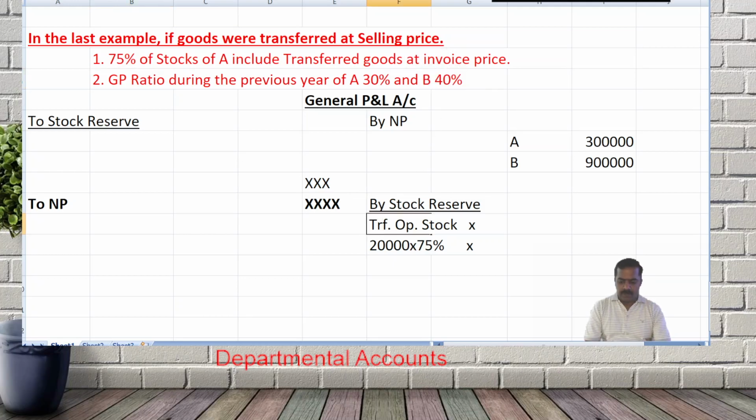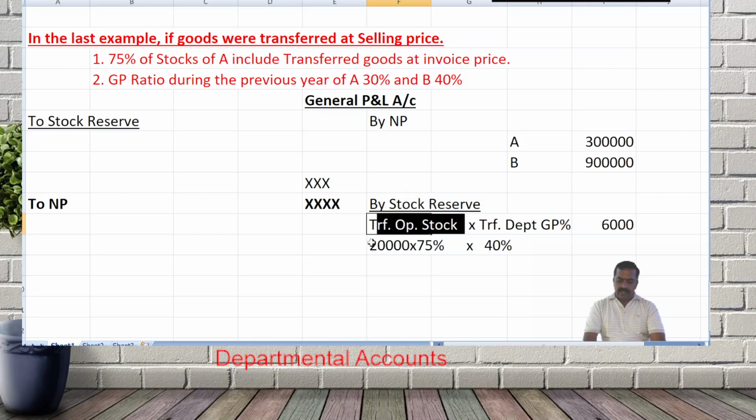So transferred opening stock into the transferring department's GP ratio. So 20,000 into 75% gives us the transferred opening stock. That into how much percentage? 40%. Then why is the other one given? Just to confuse you. So 15,000 into how much percent? 40%. Any doubt in it?